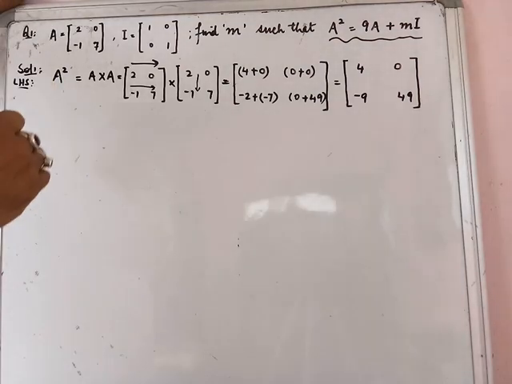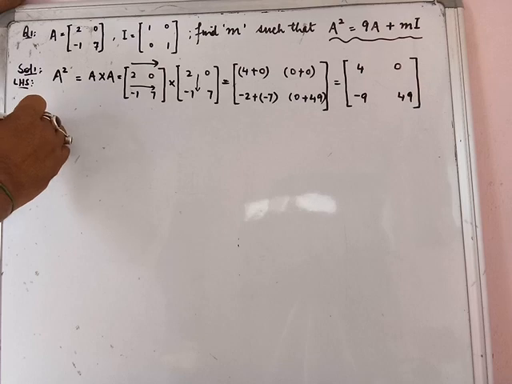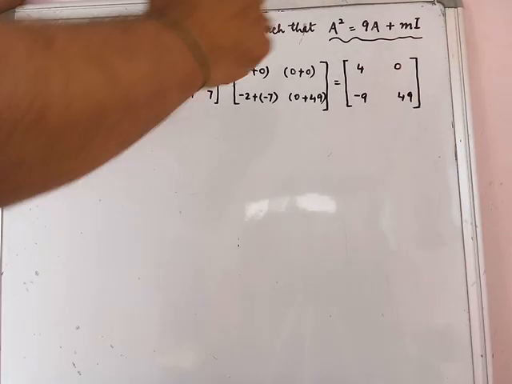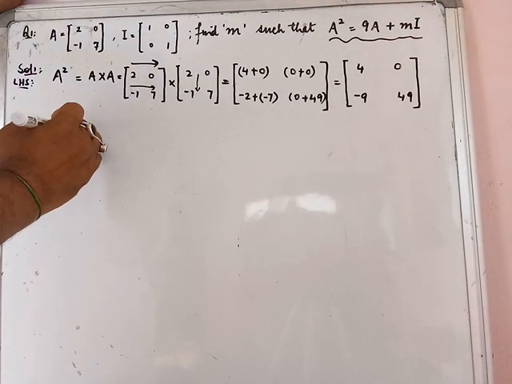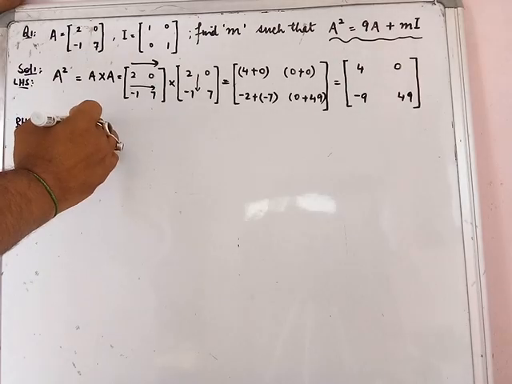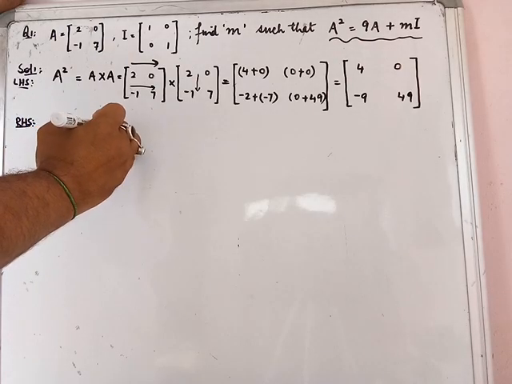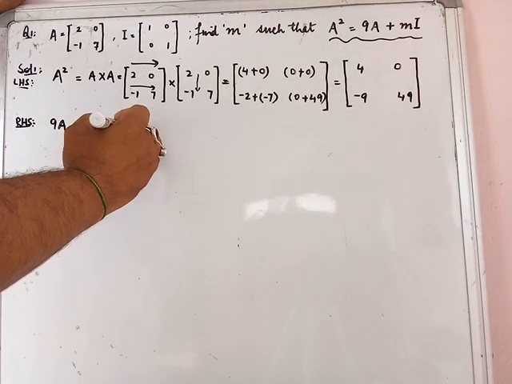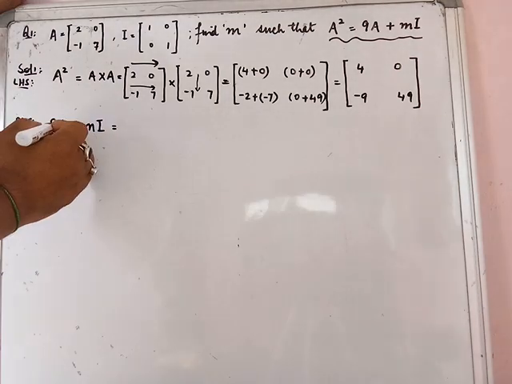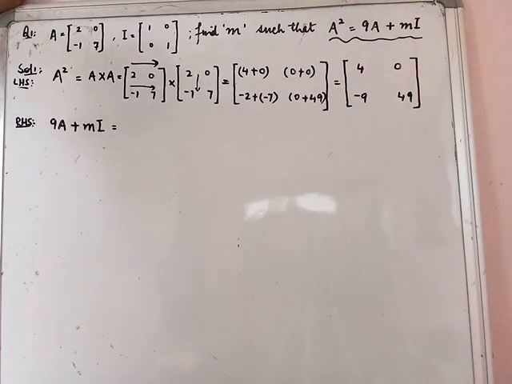Now coming to the right hand side. What do we have on the right hand side? We have 9A plus small m into I. So let us calculate that. 9 obviously is a scalar quantity, an individual number.